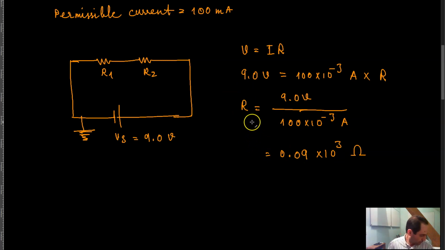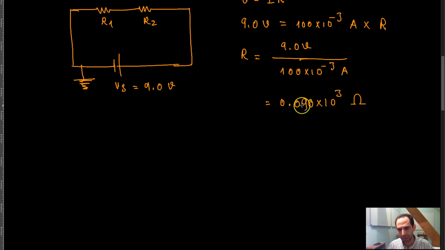To show the significant figures here, supposing that this has 3 significant figures, you can write that as 0.090 times 10 raised to the power 3 ohm, and that would be basically 90 ohm.